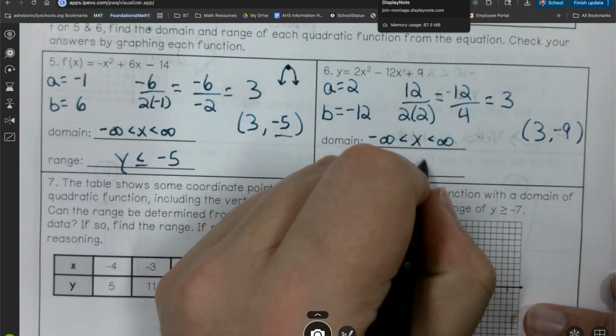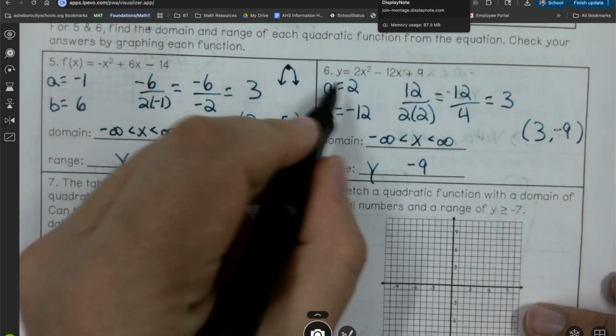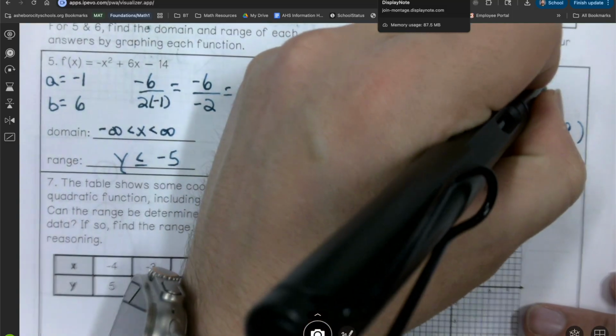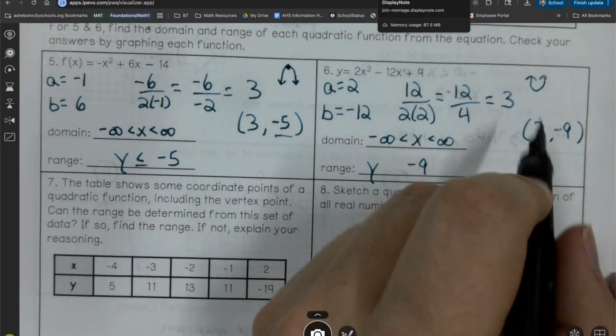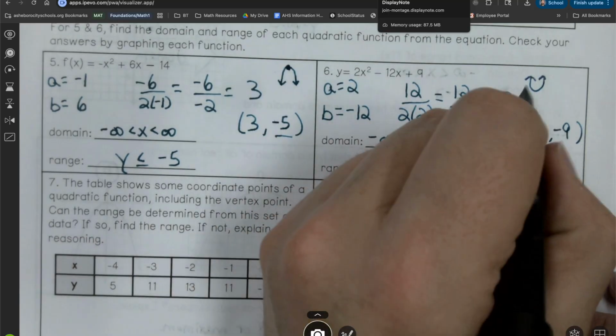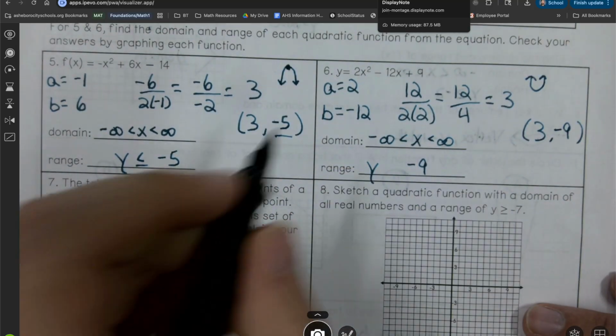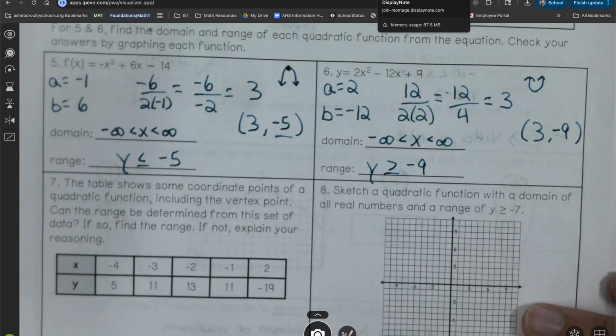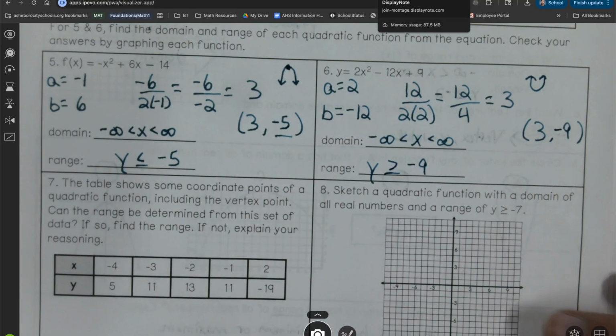So we know this has to be negative 9, and now it's a positive a value, so it's opening upward, which means this is going to be all y values greater than or equal to negative 9. Okay.